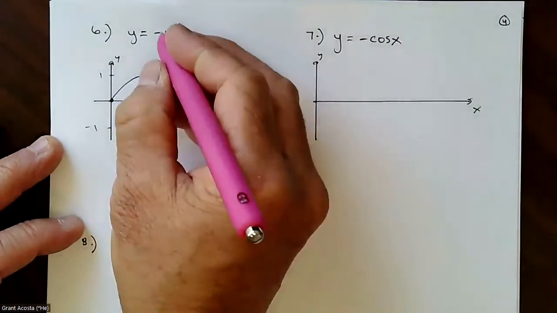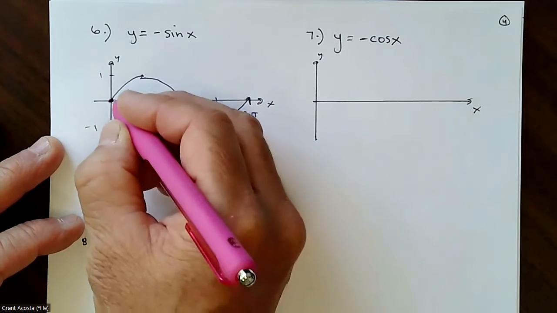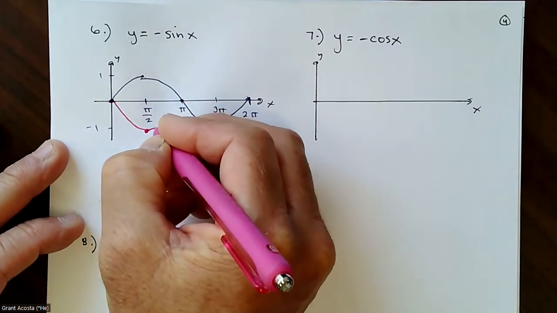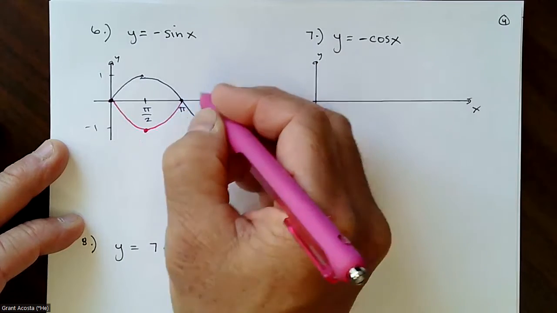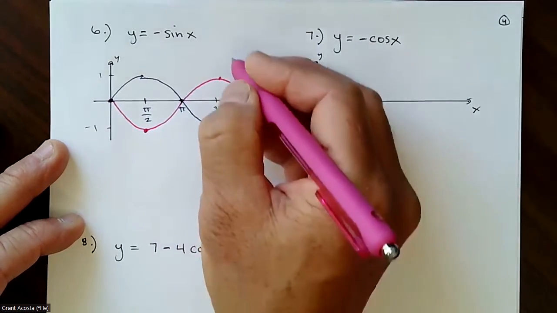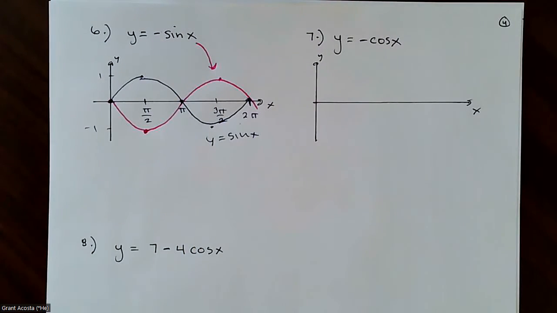But if I was graphing negative sine of x, it's going to start at the middle. This part's going to flip around the x-axis. So it's going to go middle, low, middle. And this part will flip around the x-axis and become positive. So here's the graph of y equals negative sine of x.